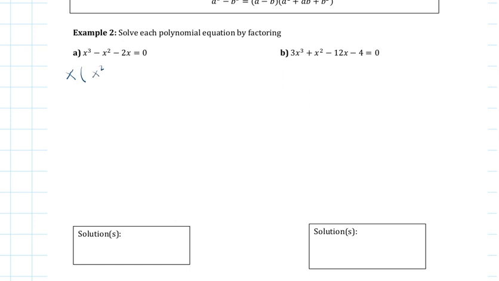So you see here, nice, I have a quadratic. With a trinomial quadratic, I'm looking at sum and product. So first I write the common factor.